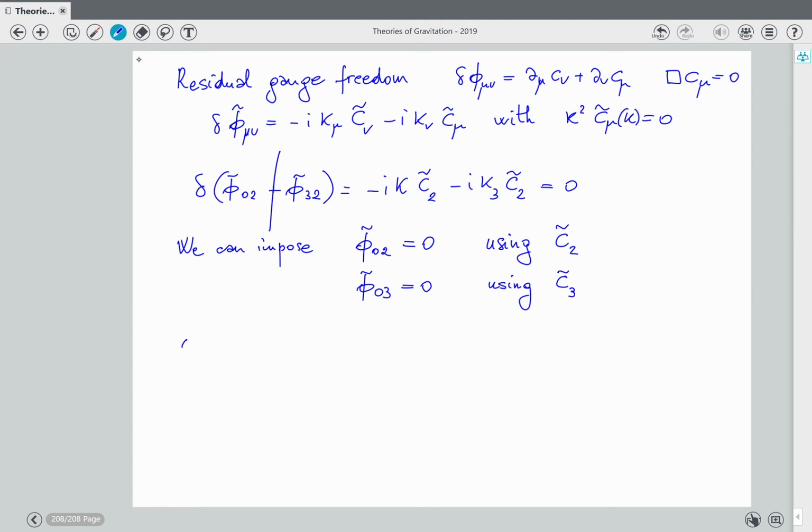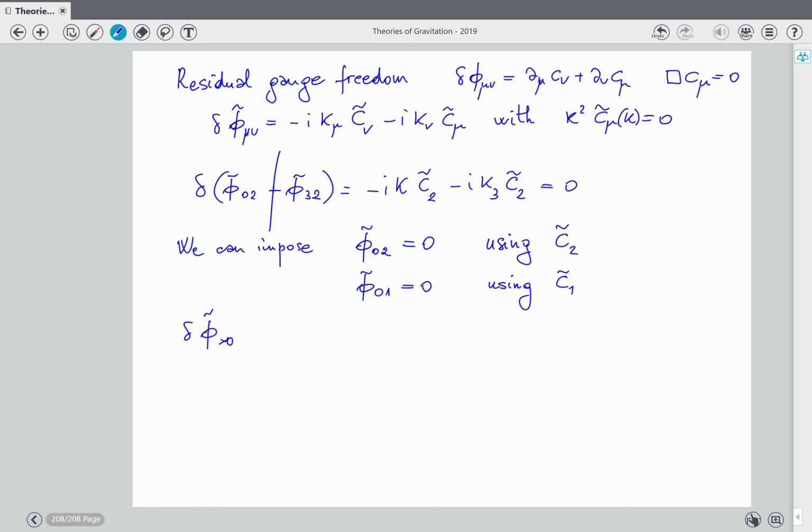Let's see if we can use the c tilde 1. 1 and 2 in our choice of k are the same, not 1 and 1, not 2 and 3. 0 and 3 instead are similar.